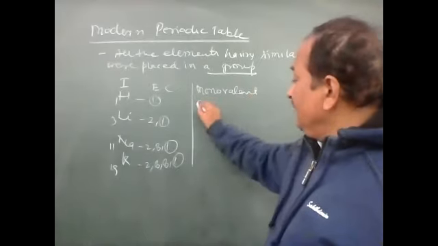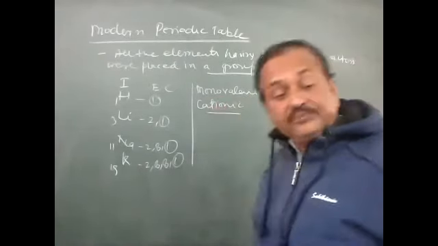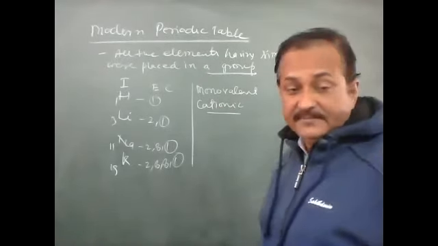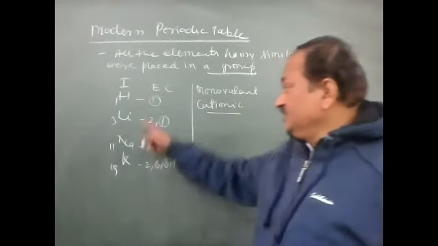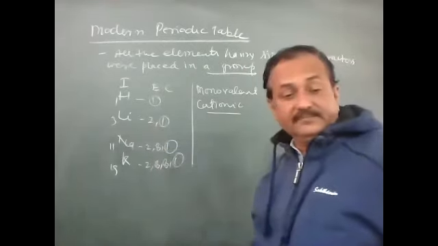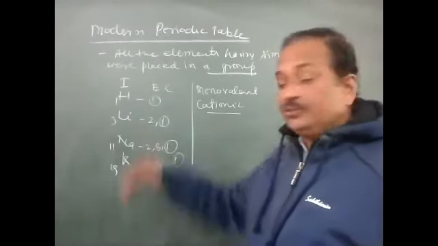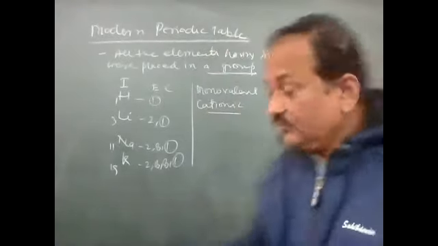They form monovalent cations, and so they are very reactive. You know, lithium, sodium, potassium catch fire with water. Hydrogen is not so reactive, but the others catch fire. So this is one condition.